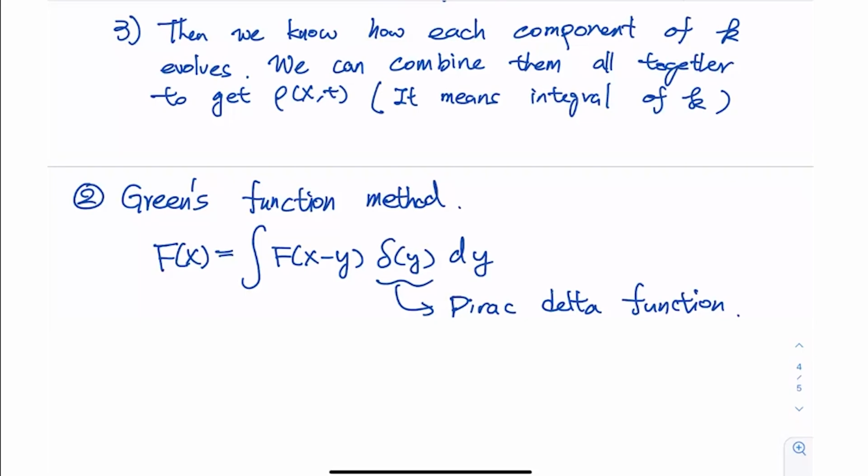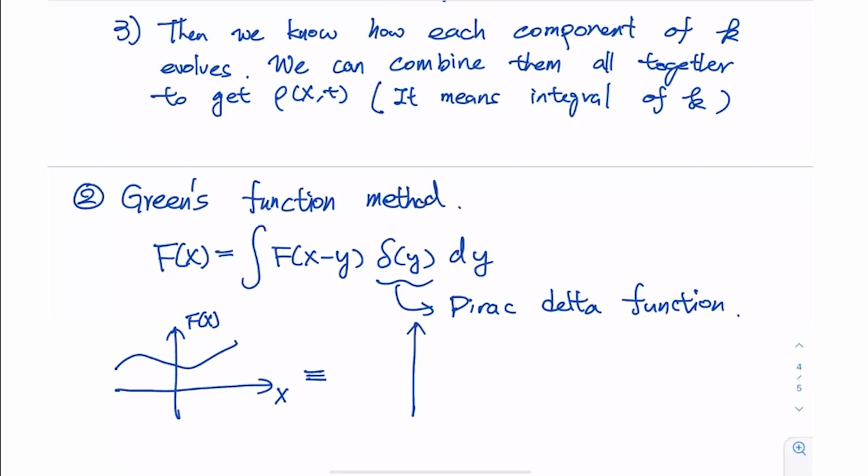So if I try to draw it, basically what that means is that I have some f of x. Basically, it is equivalent to... wait a second.